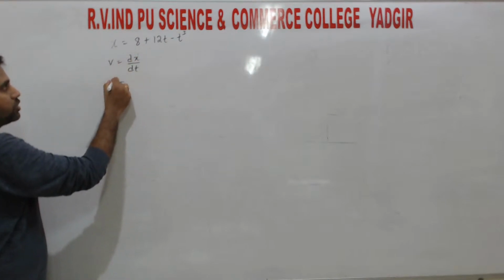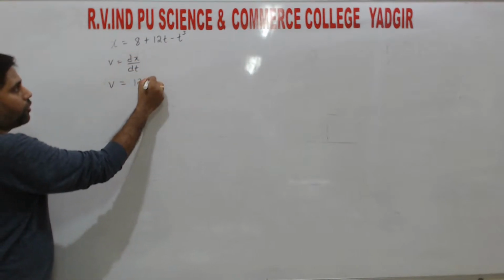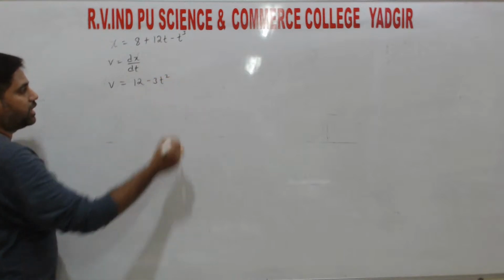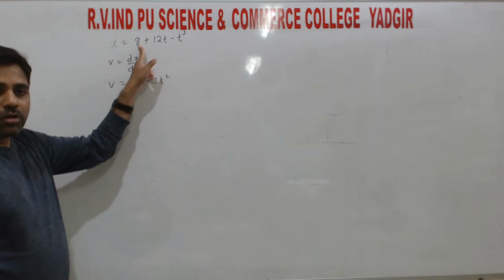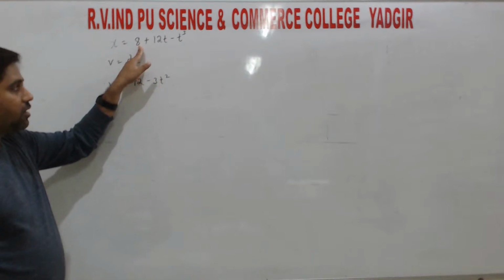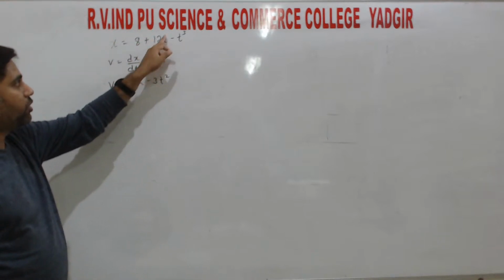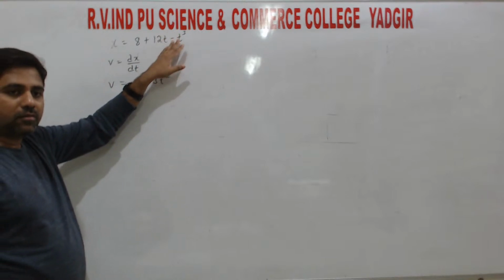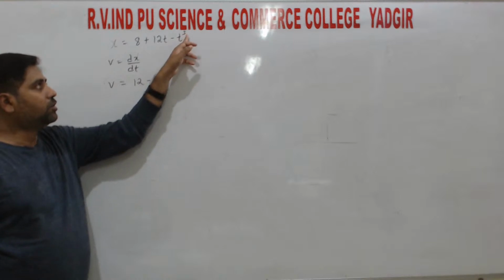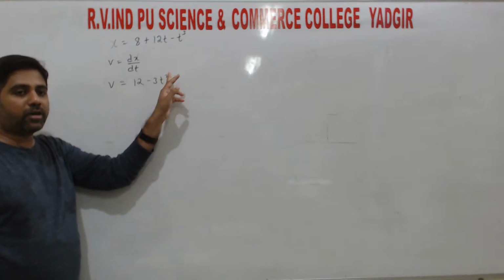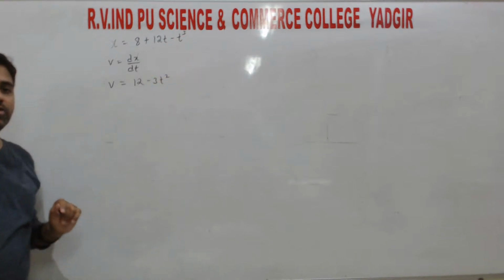So we get velocity equals 12 minus 3t square, right? 8 is a constant. If we differentiate the constant, we get 0. So 12 into t power 1 minus 1, that is t power 0, which is 1, so 1 into 12 is 12. And t power 3 gives 3 into t power 3 minus 1, that is 3t square, right?